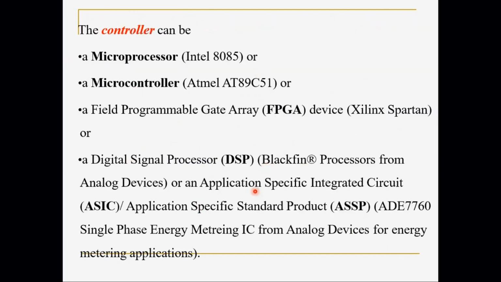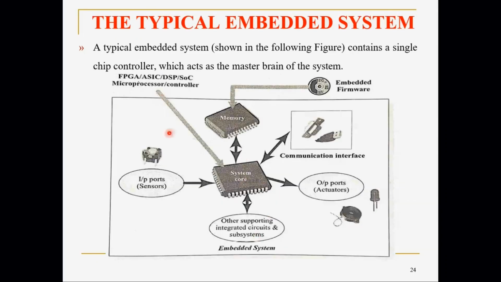Initially, whatever I have explained till now, that's the PPT here. So we know the system core here can be a microprocessor or a microcontroller. This system core need not be a microprocessor itself, because Intel or AMD processors are very sophisticated.